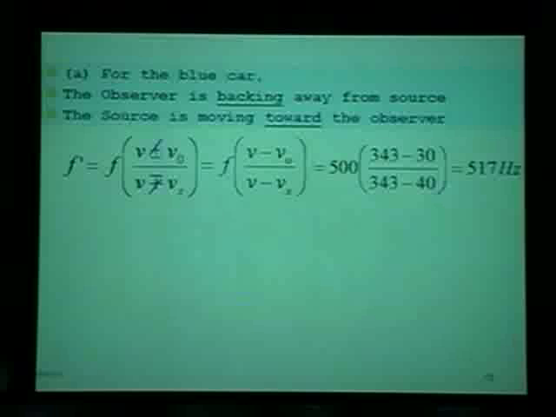When I figure all this out, my final frequency is 517 hertz. So it actually did go up a little bit.